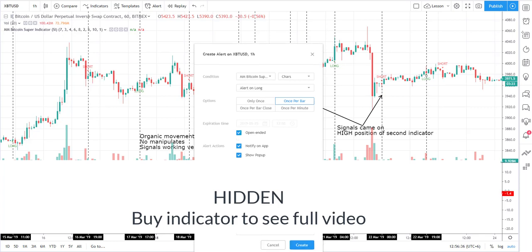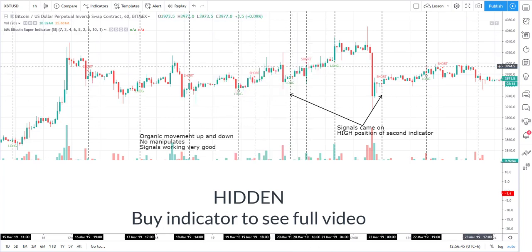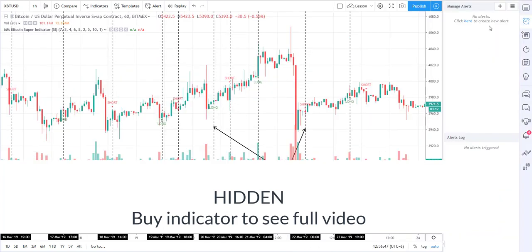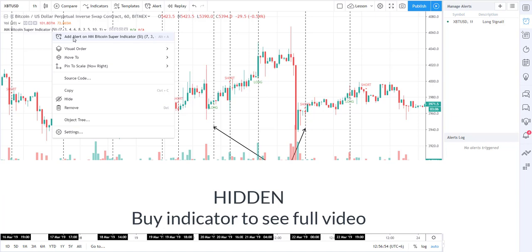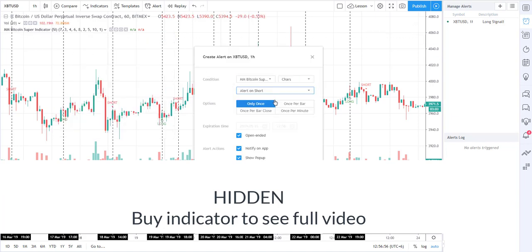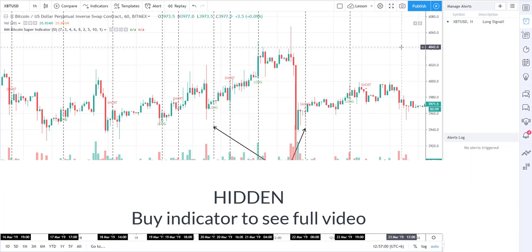You can select the sound and how long it will work. And just press create. And here in alerts, you will see this is a long signal. Add alert on short, once per bar, and create. Okay, when the next signal comes, you will get a notification.